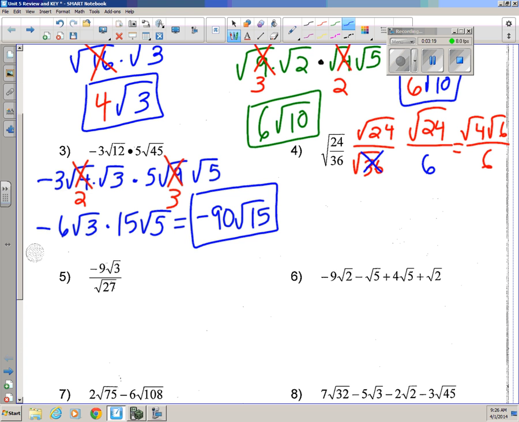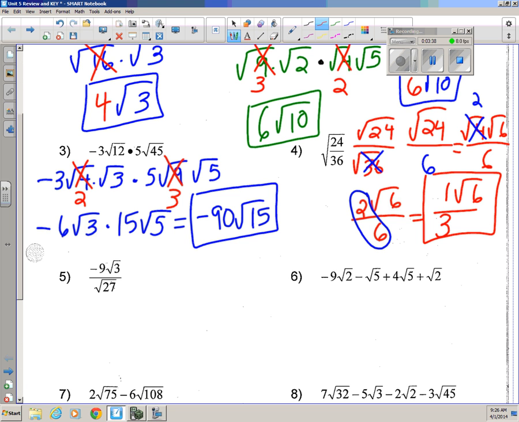We know that the square root of 4 is just 2. So I end up with 2 rad 6 over 6. But 2 sixes is the same thing as just 1/3. So I'm going to simplify this to 1/3 radical 6. The 1 is not necessary, but it's not wrong either.